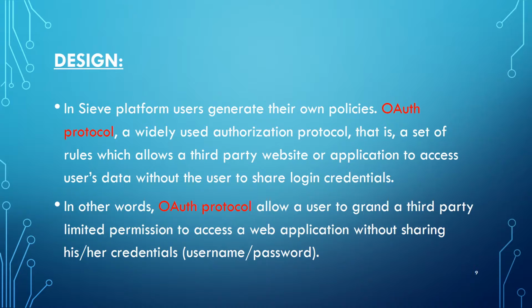In other words, the OAuth protocol allows a user to grant a third party limited permission to access a web application without sharing his or her credentials, in other words, the username and password.